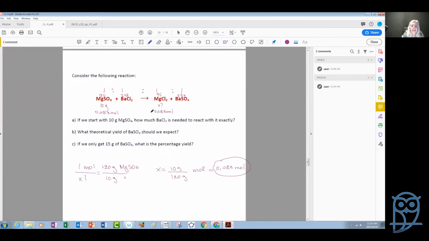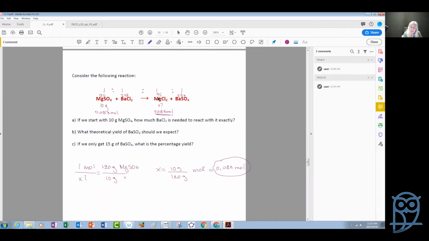So that is why I'm writing here just the moles of magnesium chloride. Now that I know how many moles of magnesium chloride are produced, I can find what mass it corresponds to. What am I saying here?